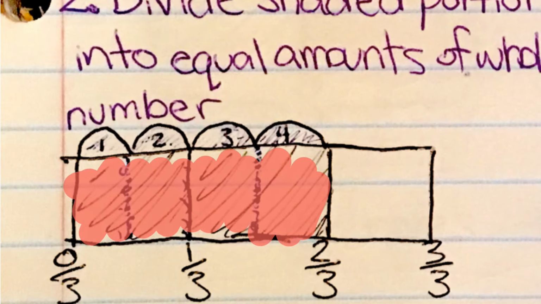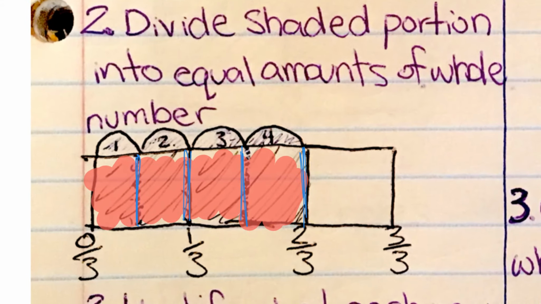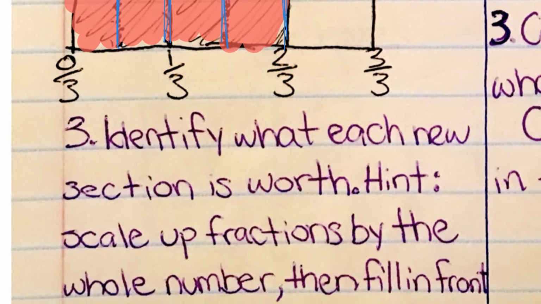If you see that here, we've got 1 section, 2 sections, 3 sections, and 4 sections. Okay, so now that we've split up 2/3 into 4 equal sections, let's come down here to step 3.